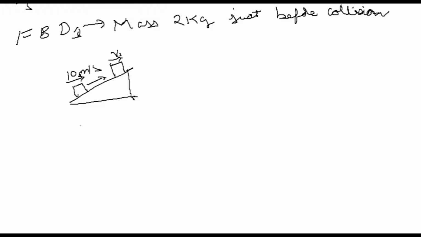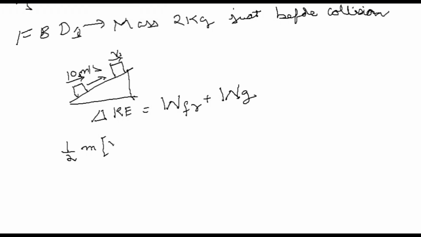the conservation of energy, that is the work energy theorem, which states that the total change in kinetic energy will be equal to the work done by friction plus the work done by gravity. Now, the change in kinetic energy can be given as half into small m multiplied with the final velocity square minus the initial velocity square.